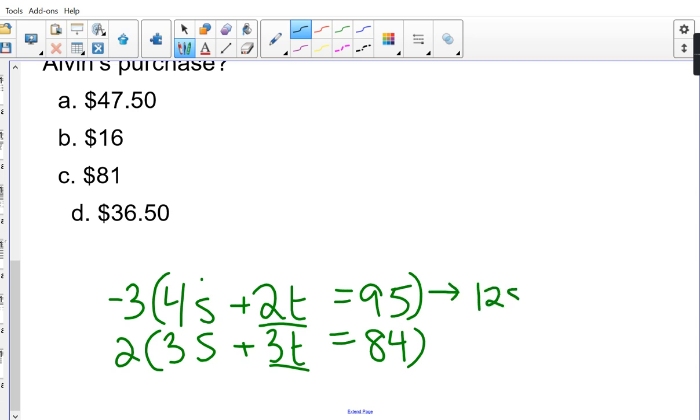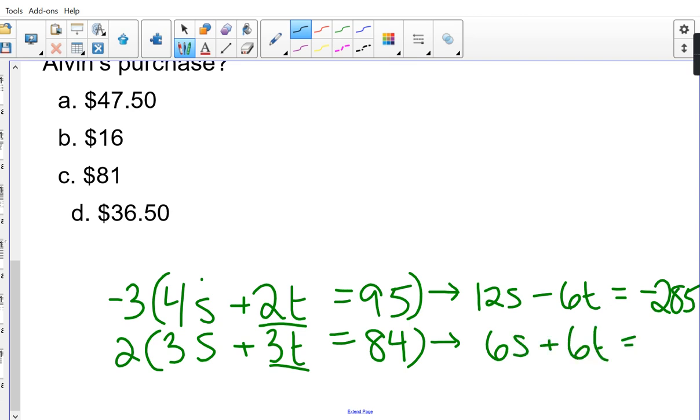I get -12s minus 6t equals negative 285. Pause the video, try multiplying out the second one. You should get 6s plus 6t equals 168. So we did that by multiplying every part of that bottom equation by 2.